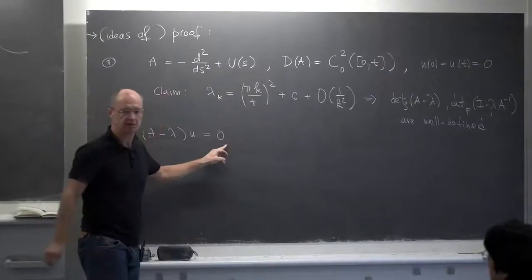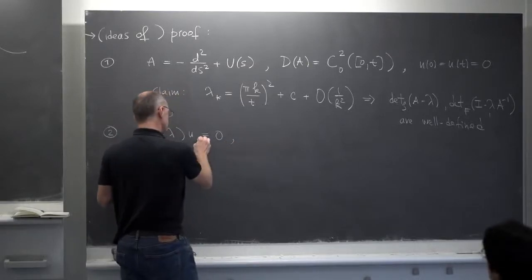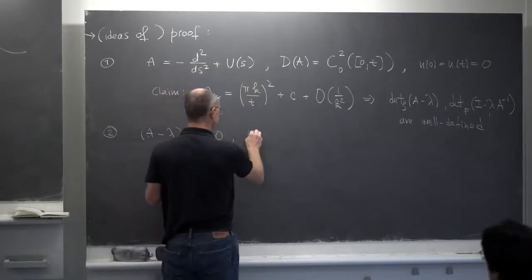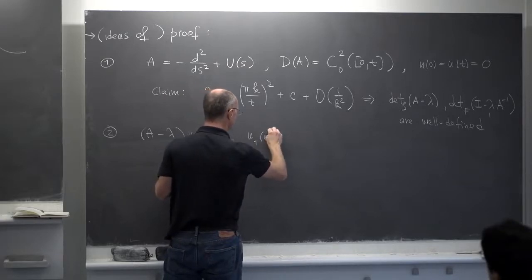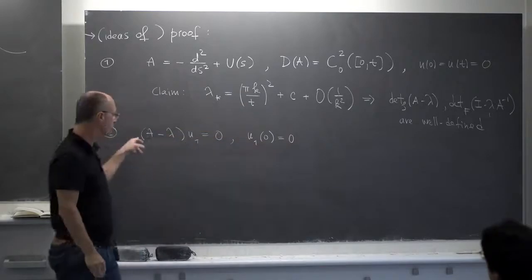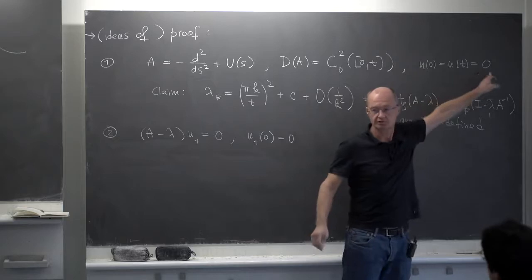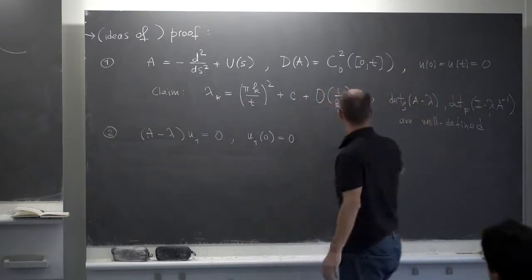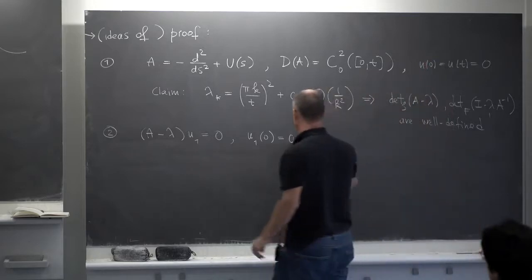Now, in particular, we can choose a solution, let's call it u1, with the following boundary conditions. You see, possibly these solutions violate the boundary conditions, right? There are two solutions, but not satisfying boundary conditions in general.